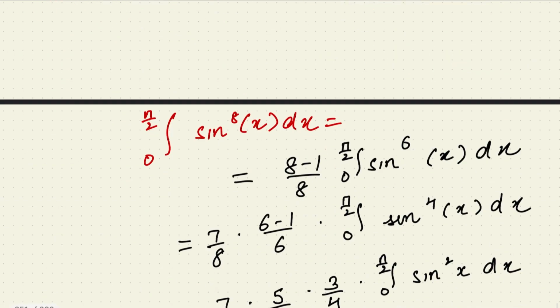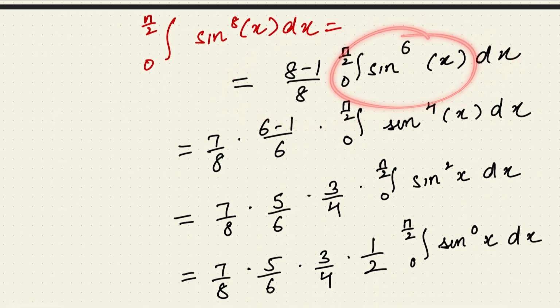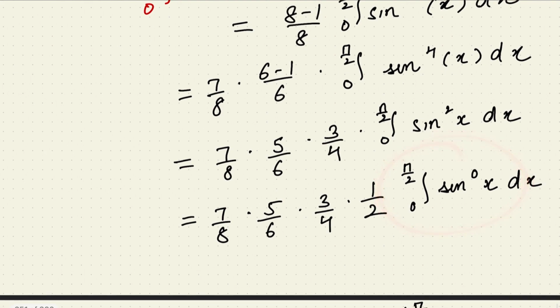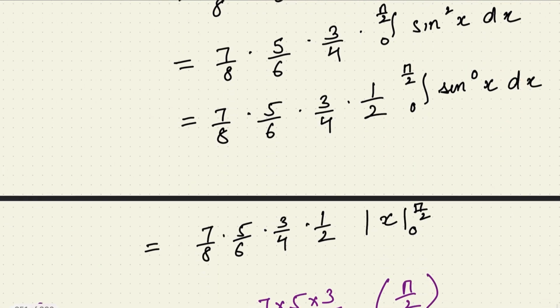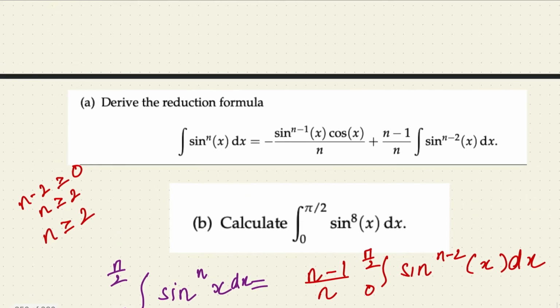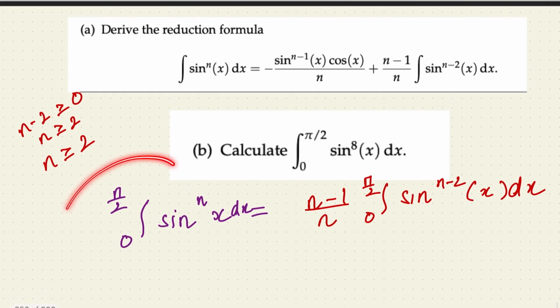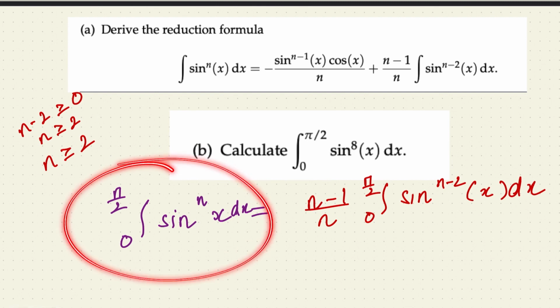And just as we did in this question, you can keep on simplifying your definite integral expressions until you get a much simpler expression at the end, which you already know an integral for. And then you will calculate the final answer very easily, and you don't have to use the exact reduction formula repeatedly in order to solve for your definite integral in these types of questions when you have the definite integral of this form specifically.